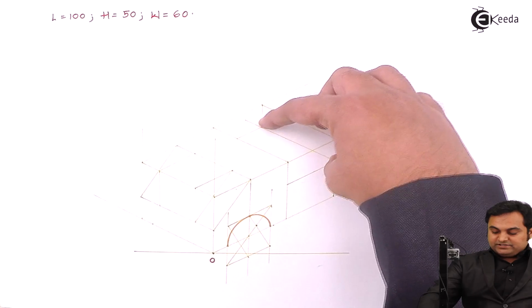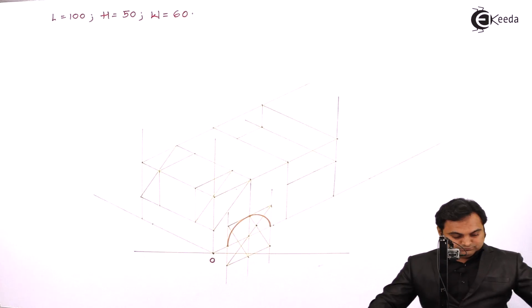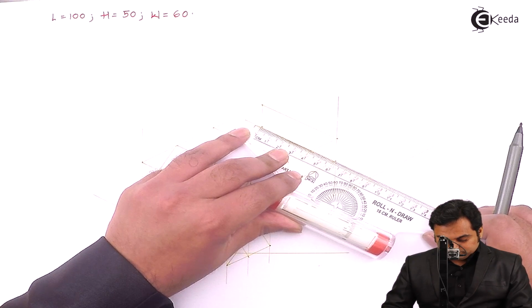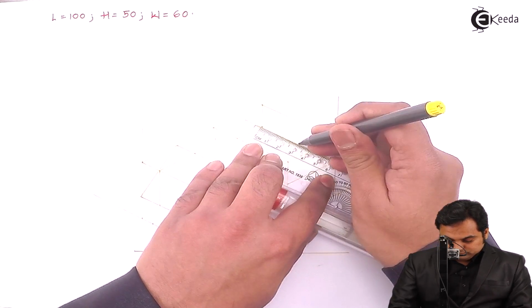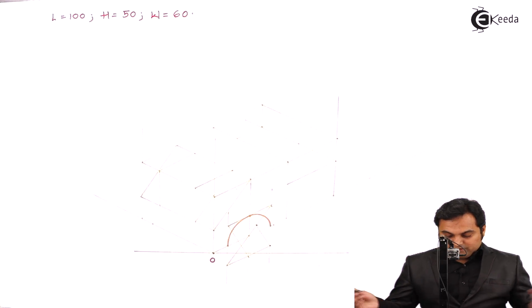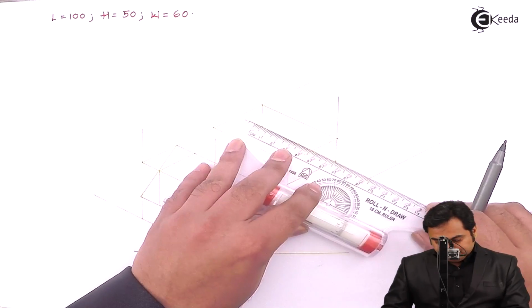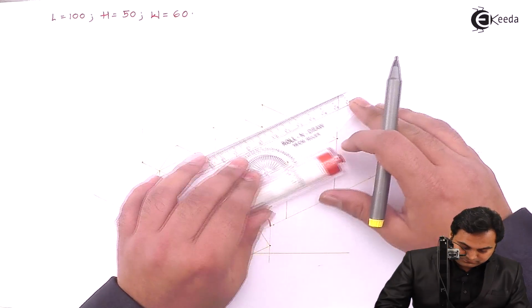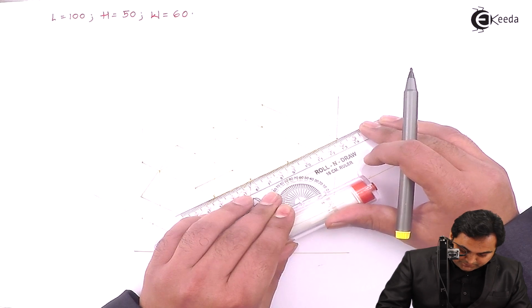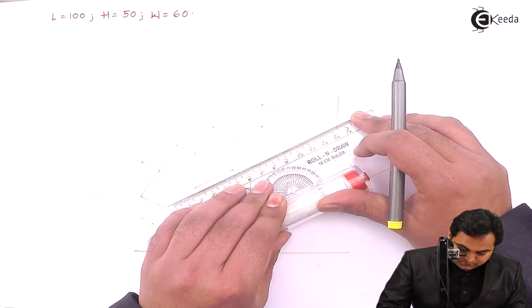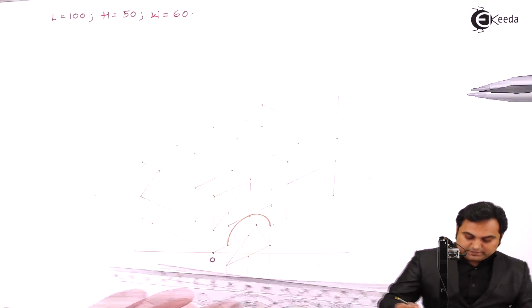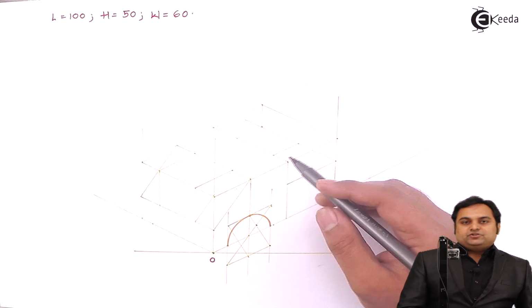So first I'll take the center of this width, half of 60, that is 30 mm. Next, through this point, I am drawing light line, and here the width of the groove, as I have explained, it is 20 mm.